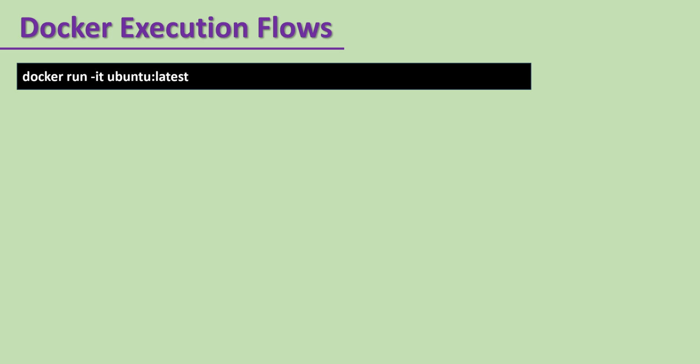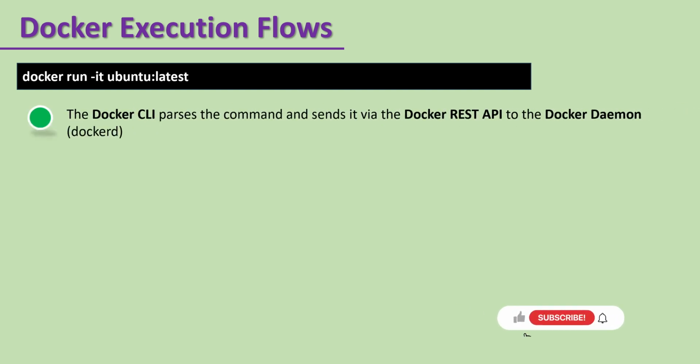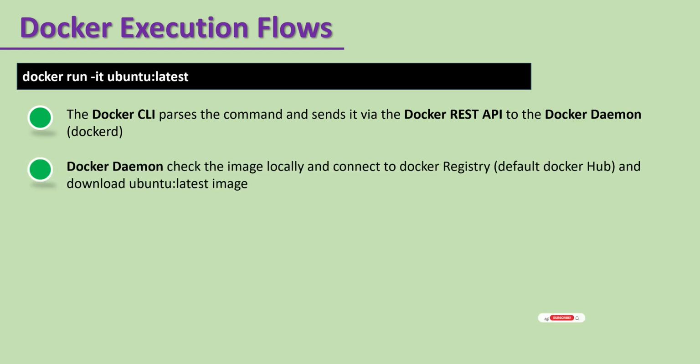Now when you hit this command, what happens under the hood? The Docker CLI parses the command and sends it via the Docker REST API to the Docker daemon. The Docker daemon we also call dockerd. Now the Docker daemon checks the image locally, because we are using the image Ubuntu latest here. So the Docker daemon's first task is to make sure whether this Ubuntu latest image exists locally.